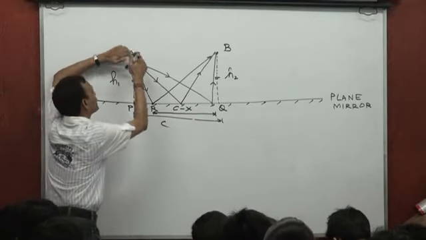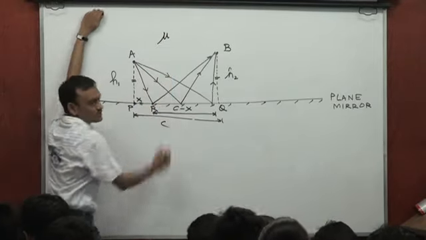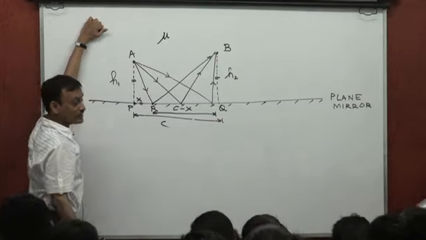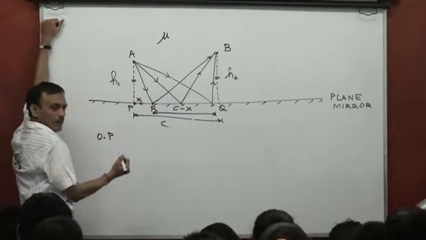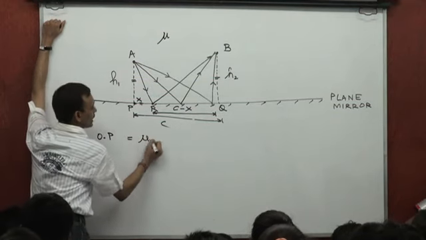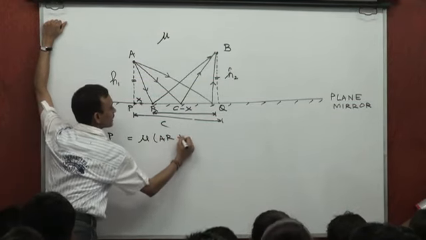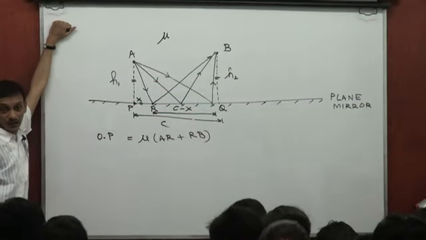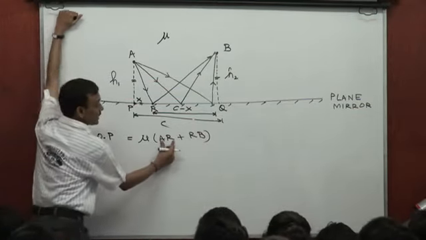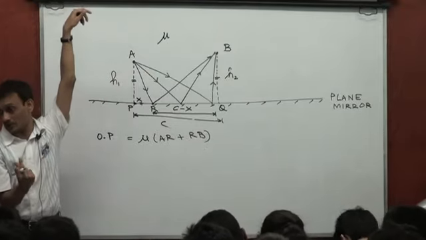The optical path, suppose mu is the refractive index of this medium. Then what is the optical path? Optical path OP is mu times AR plus RB. Mu times AR plus RB, that's going to be the optical path, right? Where AR and RB are the geometrical paths.